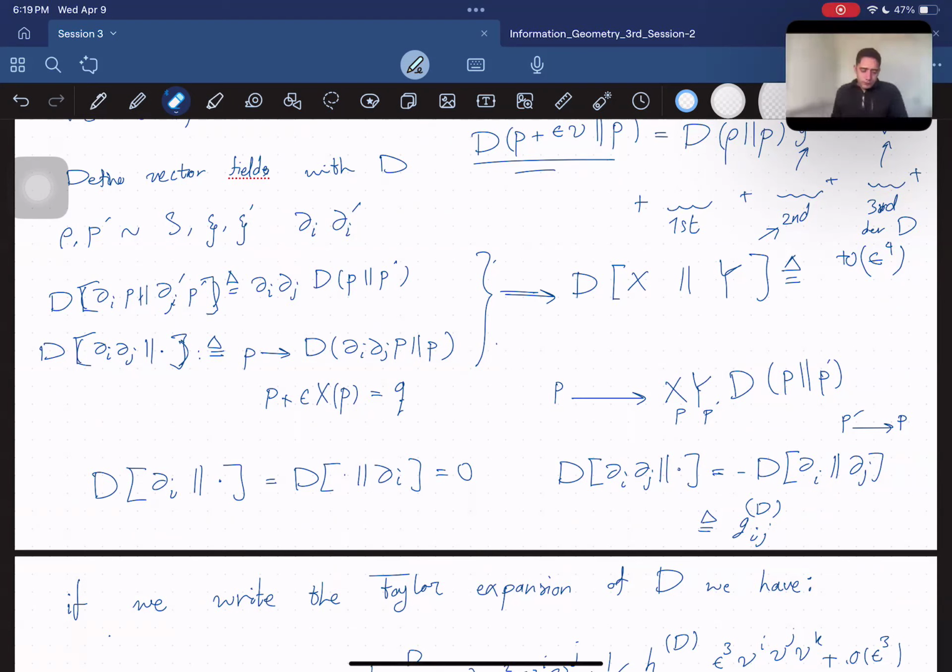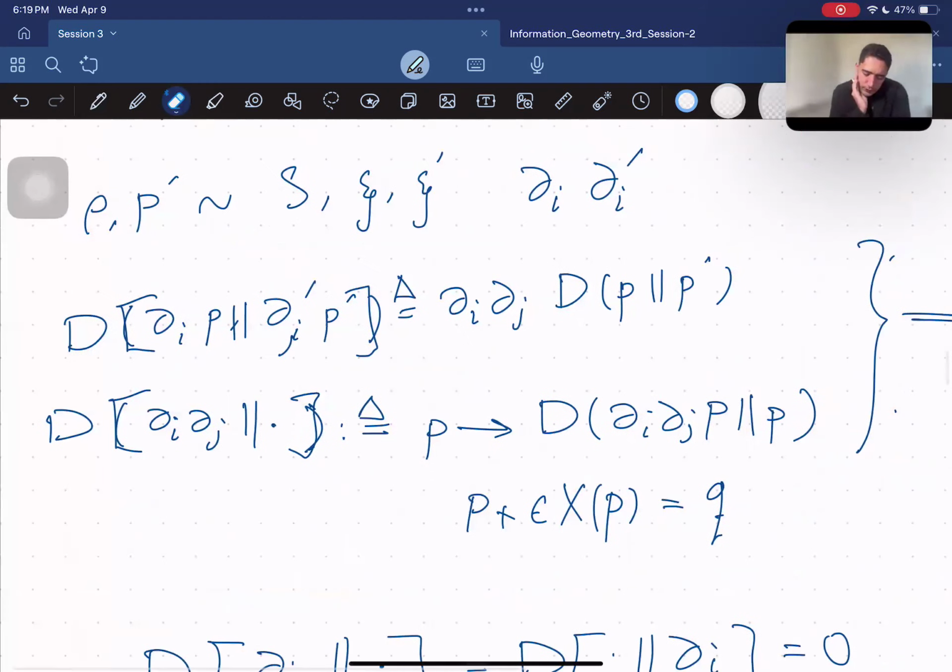So define the divergence between two. So now I want to define vector fields on the divergence. So if I take the derivative with respect to the first distribution and the second, remember, this is nothing but a vector field.